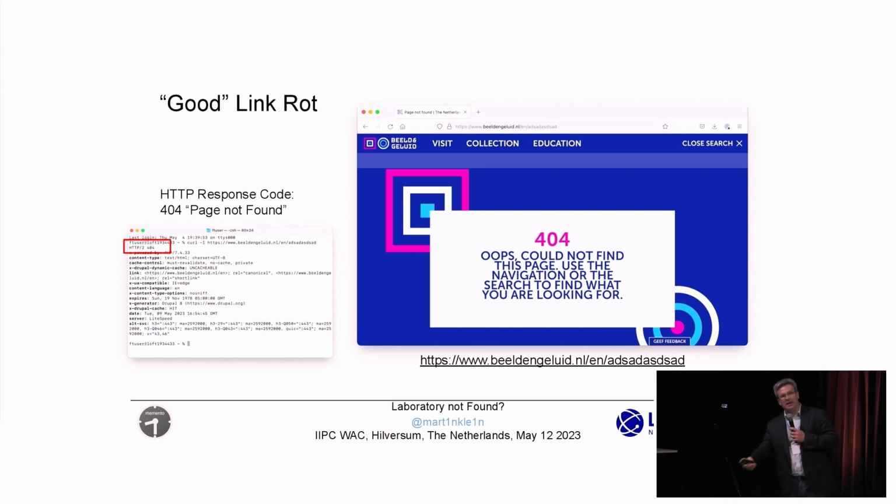This page indeed returns a 404 page not found response on the protocol level. So even a machine coming across this web page would realize, okay, this is an error. Something has gone wrong here. This is an instance of link rot. This thing is not there. So that's good in a way that a human and a machine can interpret this page and come to the same conclusion: link rot, bad, but good in terms of making that case.